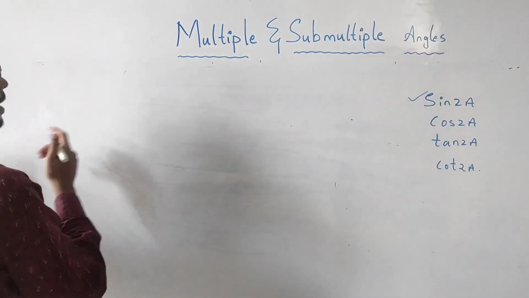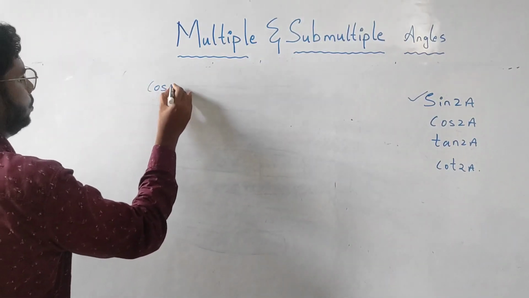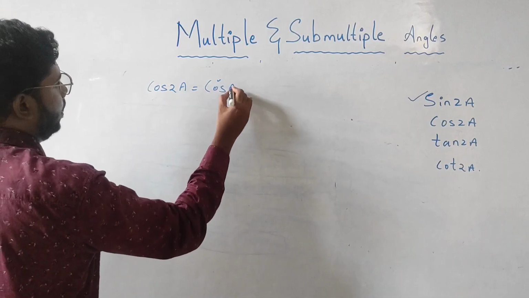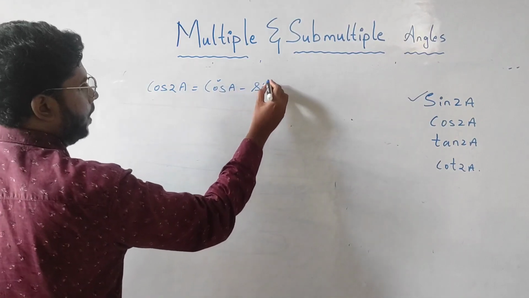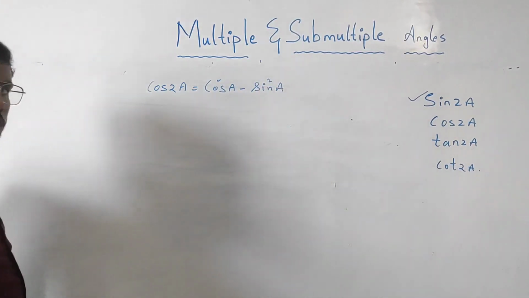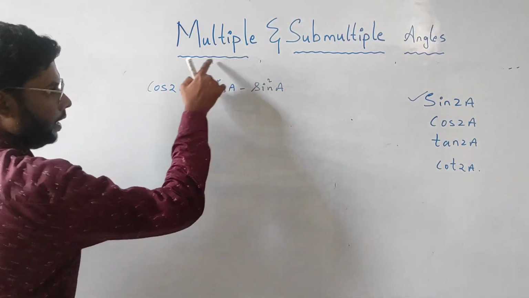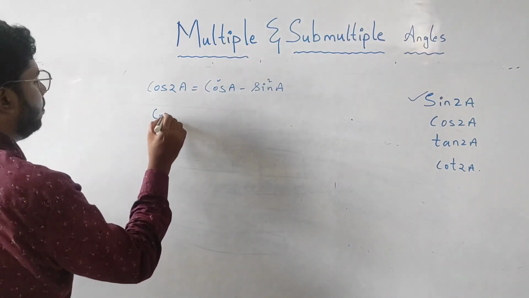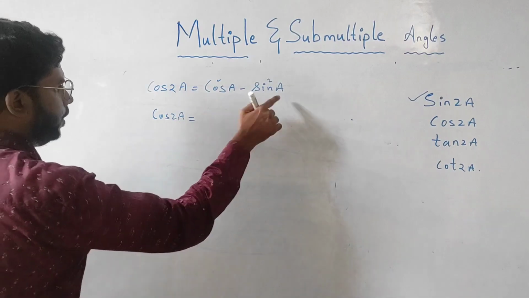Let us see again this cos 2a. Just now we have seen that cos square a minus sin square a. Now what I will do here, I will take cos square a common, or you can say multiply and divide by cos square a.